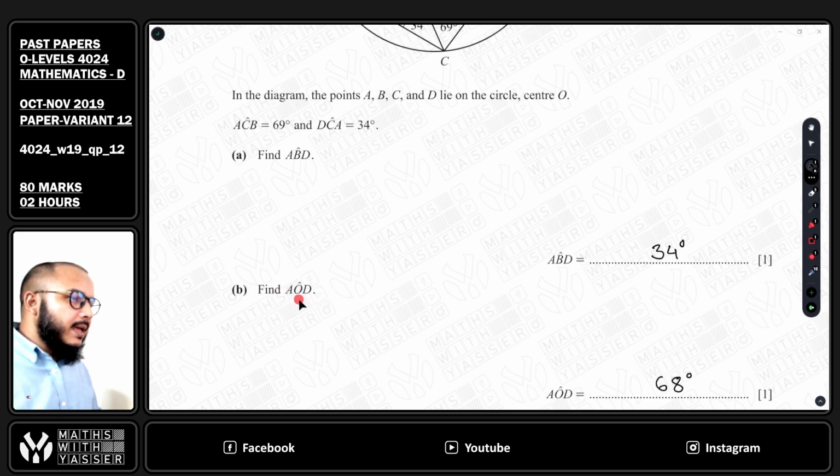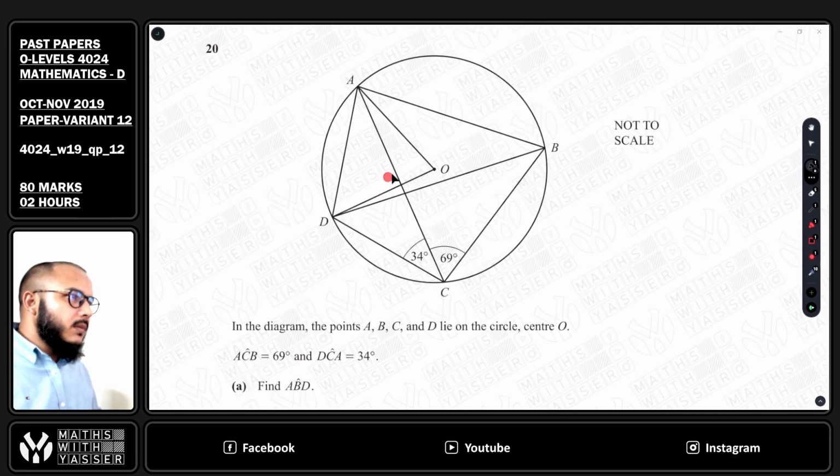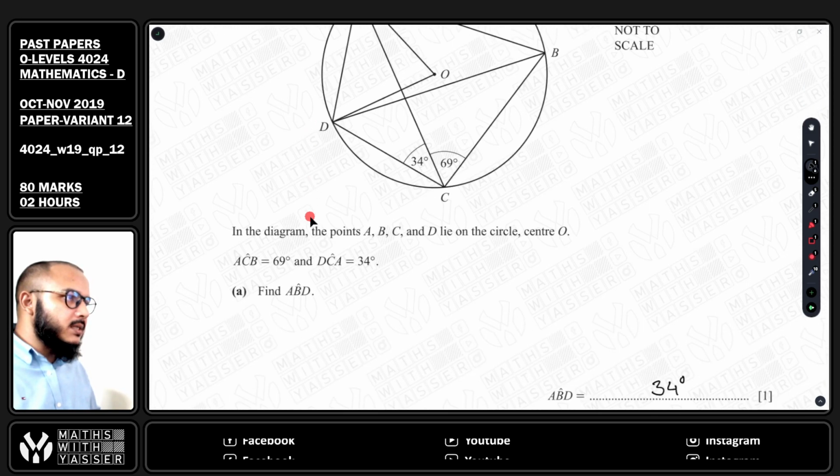Then we need to find angle AOD. So AOD is the angle at the center, and this angle is subtended by the points A and D. Similarly, the angle at the circumference, which is the point C, is also subtended by the points A and D. So we can use this rule, which is angle at the center is twice the angle at the circumference.